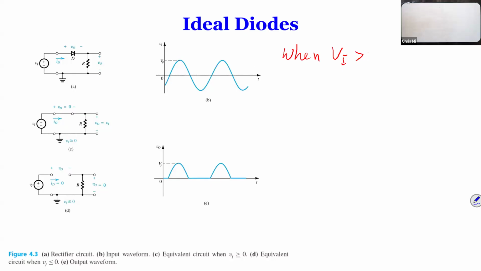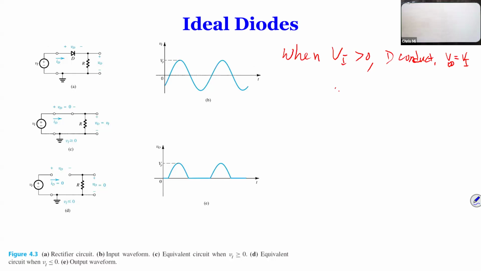When VI is larger than 0, the diode conducts, and so VO is equal to VI, because when it's conducting, the voltage drop on the diode is 0, therefore the output is actually the same as the input voltage.